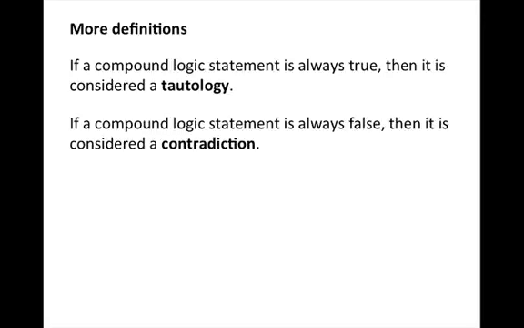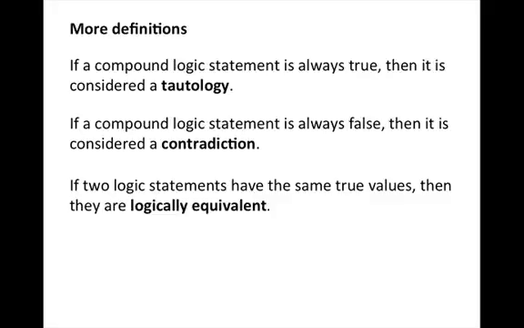If a compound logic statement is always false, then it's considered a contradiction. So if my final column of the truth table is all false values, no matter what P and Q are, then that original compound logic statement is a contradiction. If two logic statements have the same truth values, then they're logically equivalent.